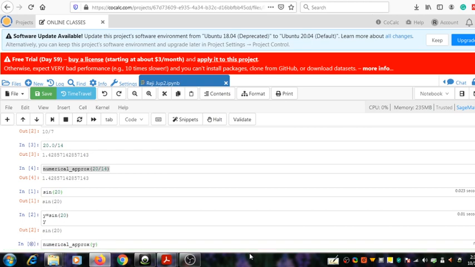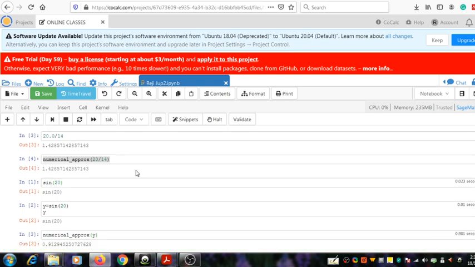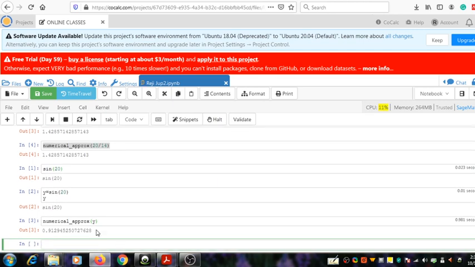Yeah, you can see that it displays. So using that numerical approximation function, you can display the actual value of that function. Yeah, that is the use. It's another illustration of the numerical approximation function.